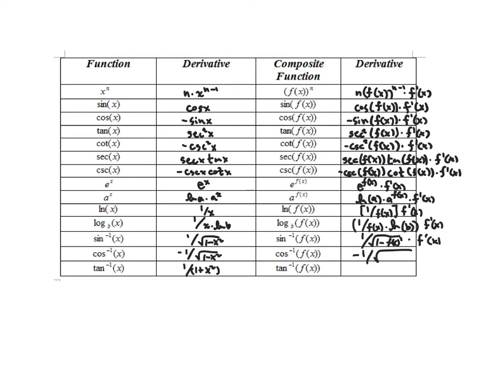Negative 1 over the square root of 1 minus f of x squared times f prime at x. Oof. And then, of course, the last one, inverse tangent of f of x, would be 1 over 1 plus f of x squared times f prime at x.